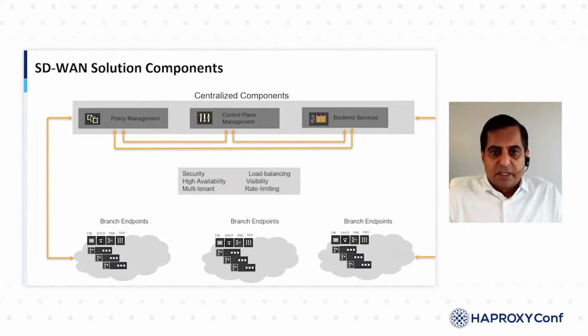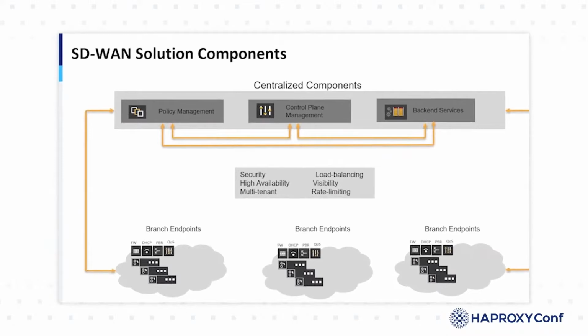Okay. So when we talk about SD-WAN solution or the SD-WAN deployment, what comes to our mind is, what is SD-WAN? What is SD? It follows the core principles of SDN, software-defined networking. And one of the core principles for SDN is control plane and user plane separation.